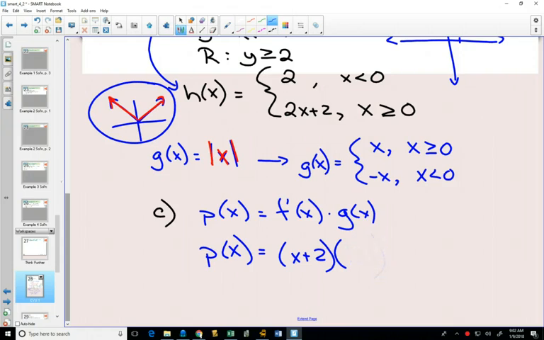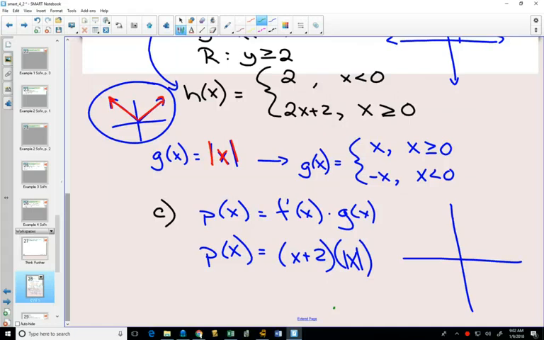Whoa, I decided to use a pen that disappeared. There we go. So again, that's not a graph that we've seen in the past. And so if we wanted to graph this, we could start by plugging in some points.